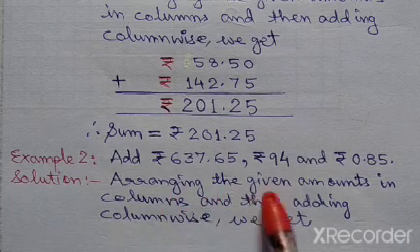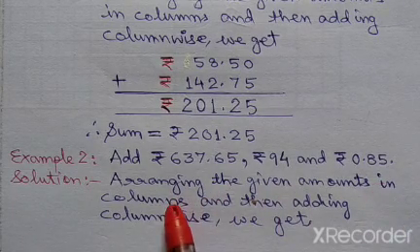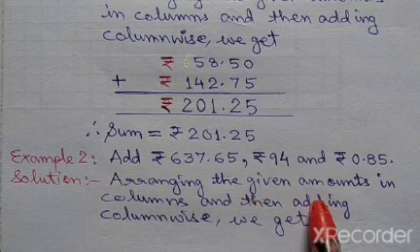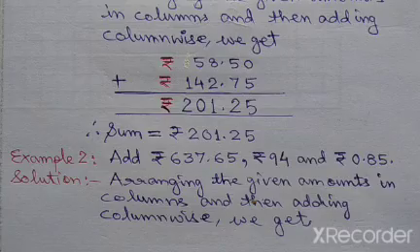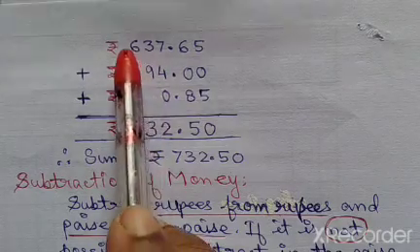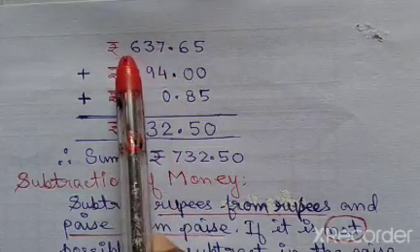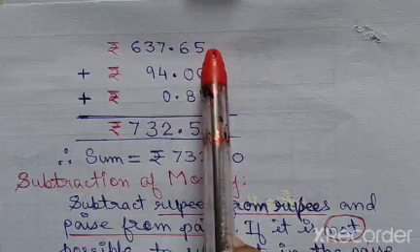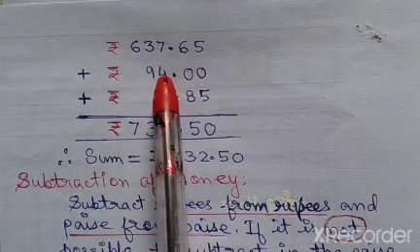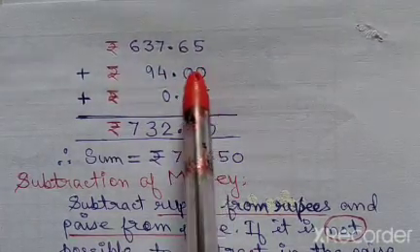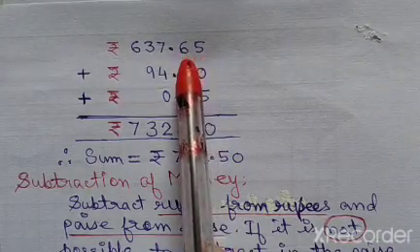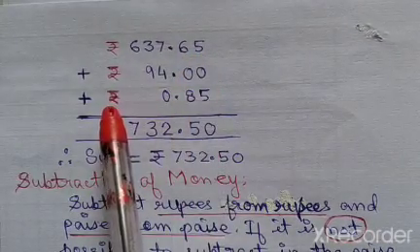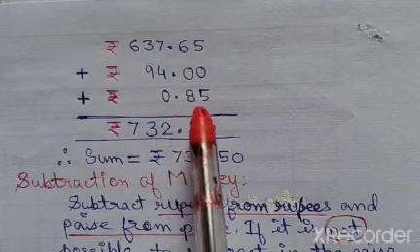So let us see how. Arranging the given amounts in columns, simple rule. First you have to arrange the given amounts in columns, and then after that, adding column-wise, you will get the answer. Let us see how. Arrange the given amounts column-wise: rupees 637.65, next amount rupees 94.00, just see, write 00 in the paise place to make it paise, next amount rupees 0.85.